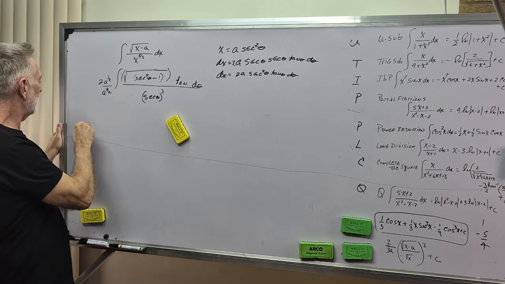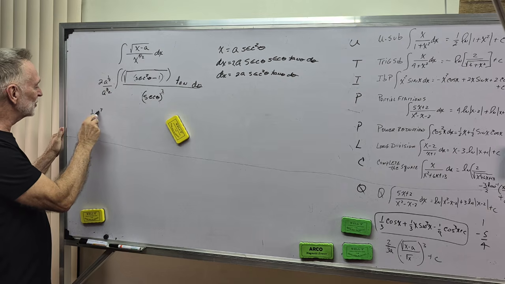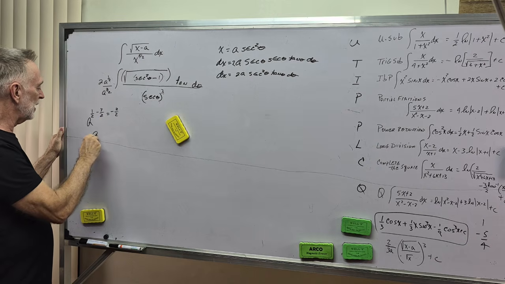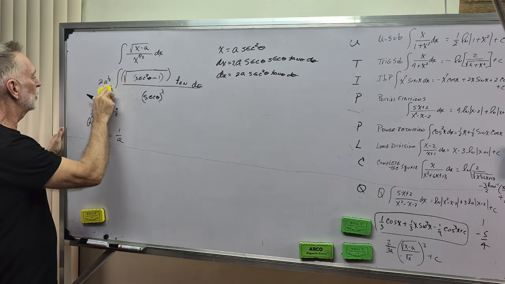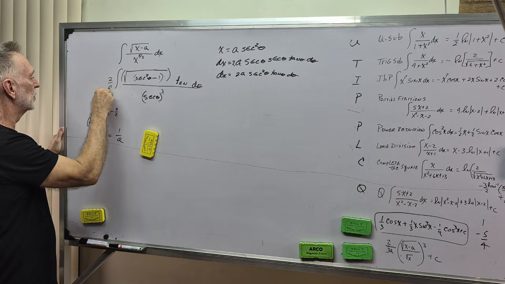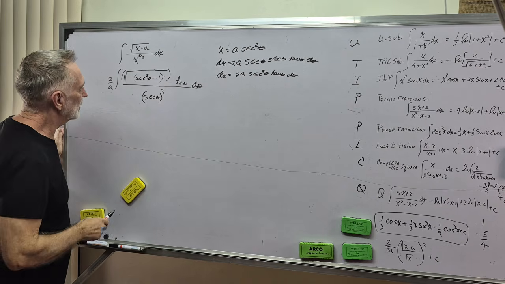So now I have a to the 1 half minus 3 halves gives me a to the minus 2 over 2. So it's a to the minus 1 or 1 over a. So all of this becomes 2 over a. Man, we're whittling this guy down.